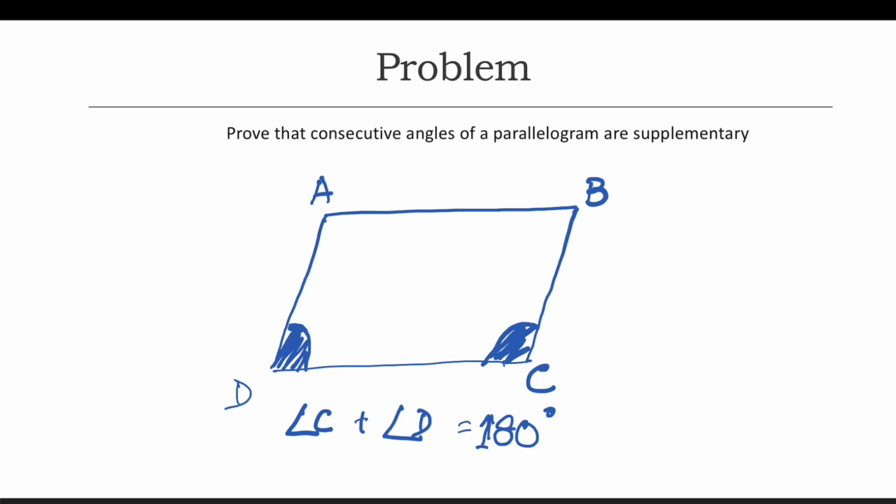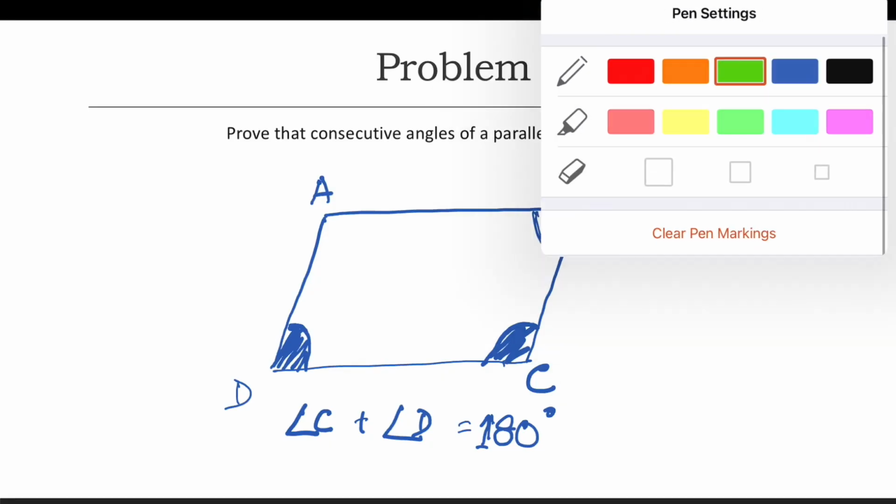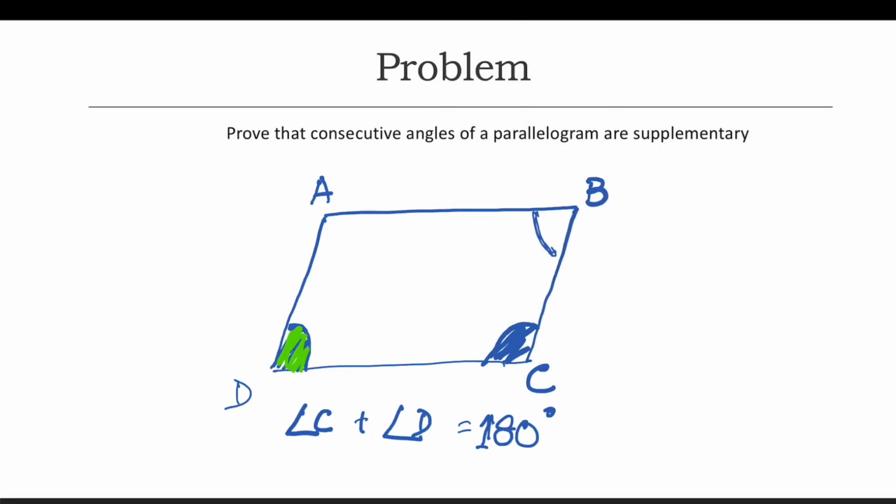Very simple. Angle D and angle B, I know these two angles are going to be equal. So this angle is equal to this angle, right? And then this angle is equal to this angle. Angles A and C are equal. This is a property of a parallelogram. So angle A plus angle B plus angle C plus angle D is equal to 360 degrees.